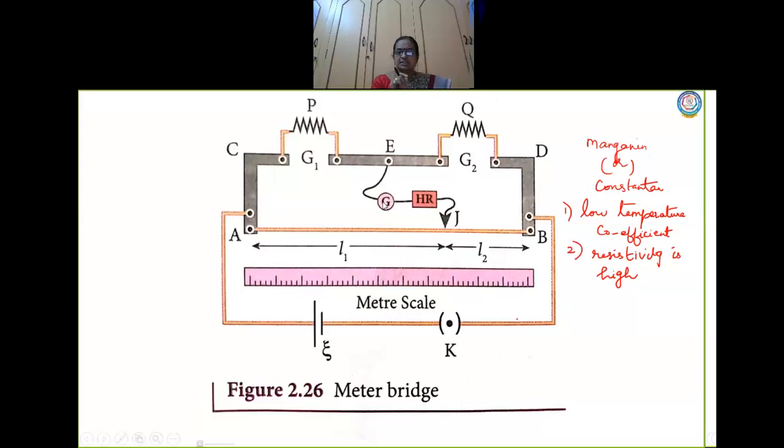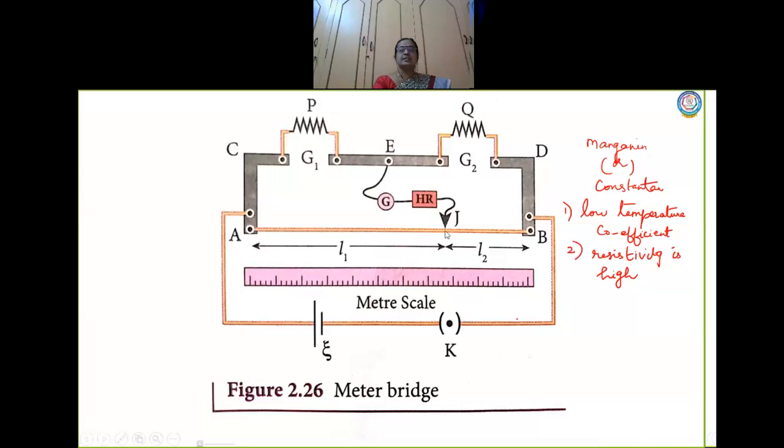Zero deflection means the needle points towards zero, which means there is no current at that particular point. Is it clear, children? So let that point be J here.